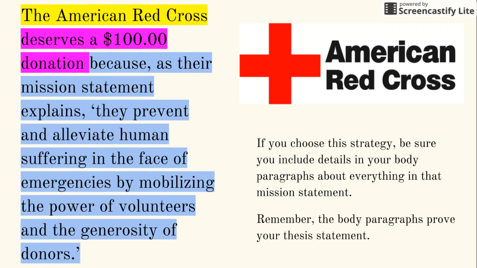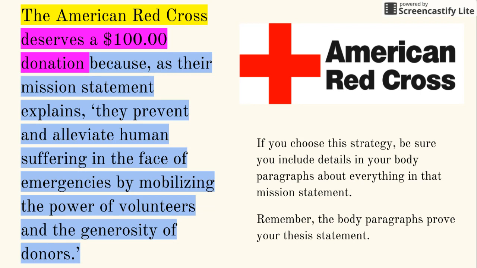Here's an example with the American Red Cross. My topic is the American Red Cross. My claim: deserves a $100 donation. Because, as their mission statement explains, they prevent and alleviate human suffering in the face of emergencies by mobilizing the power of volunteers and the generosity of donors.